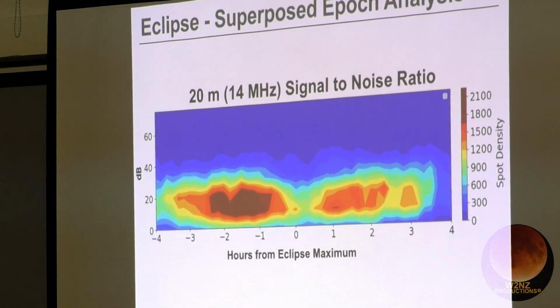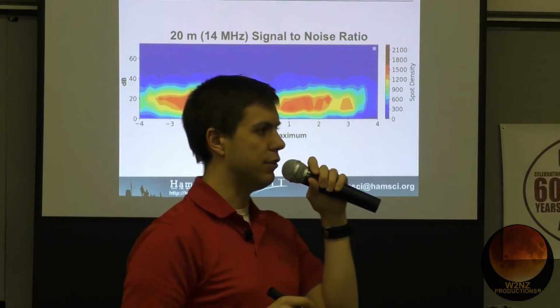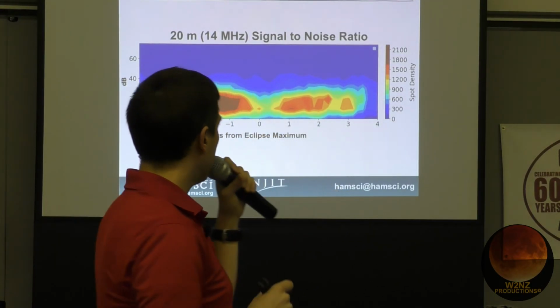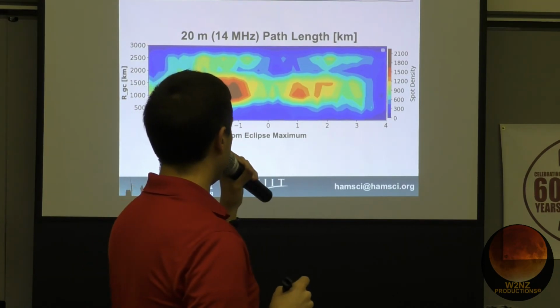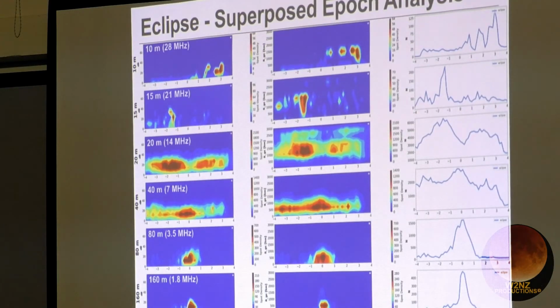And then this one is signal-to-noise ratio from all of the stations in the reverse beacon network, all put into a 2D histogram. So if you want to see what all of the bands looked like simultaneously, that's this plot over here. Okay?